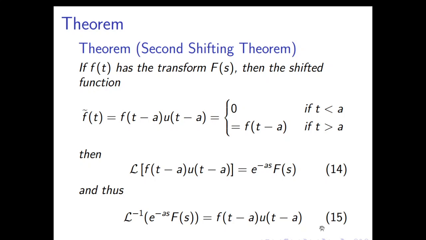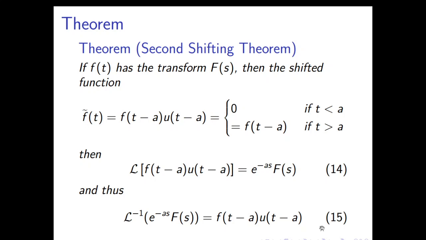Then in that case, the Laplace transform of the shifted function can be obtained by just multiplying F of s with e raised to minus as. So the Laplace transform of f tilde of t is equal to e raised to minus as into F of s.